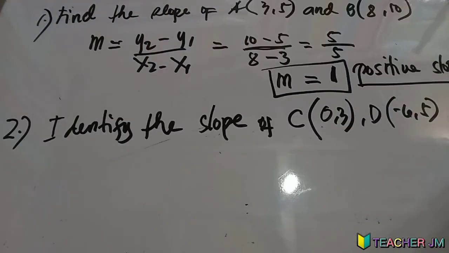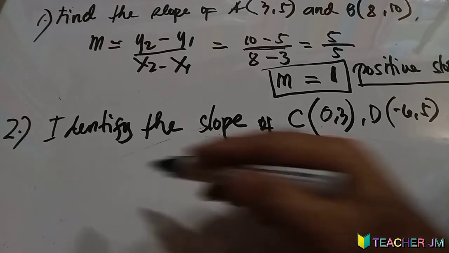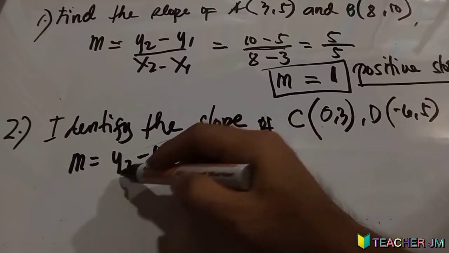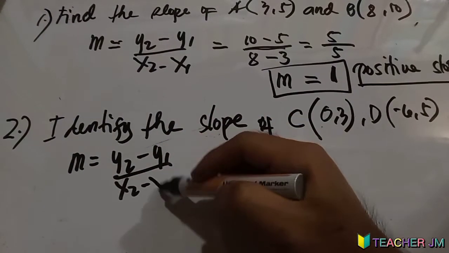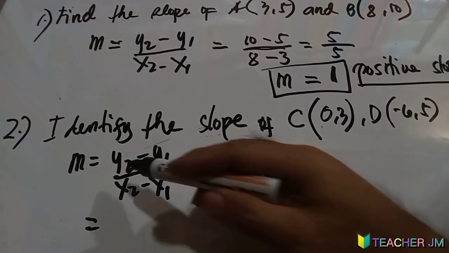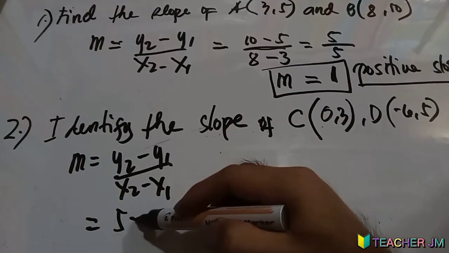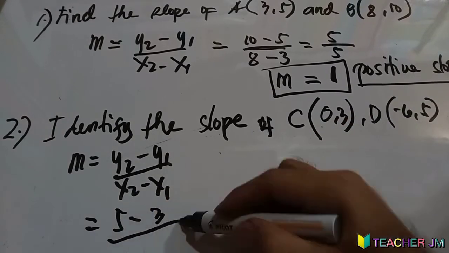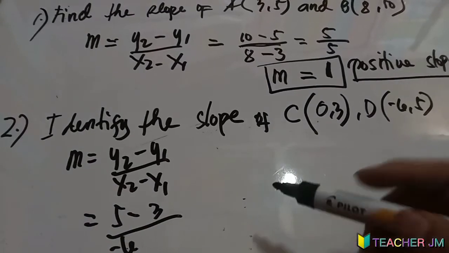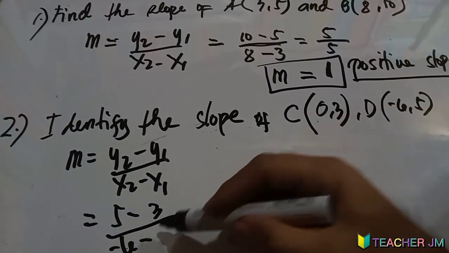Nakuha. So number 2, meron tayong identify the slope of C, 0, 3, and D, we have negative 6 and 5. So we have formula natin, M equals y sub 2 minus y sub 1 over x sub 2 minus x sub 1. So, substitute lang. Ating y sub 2, that is 5 minus y sub 1, that is 3, over x sub 2, that is negative 6, minus our x sub 1 is 0.